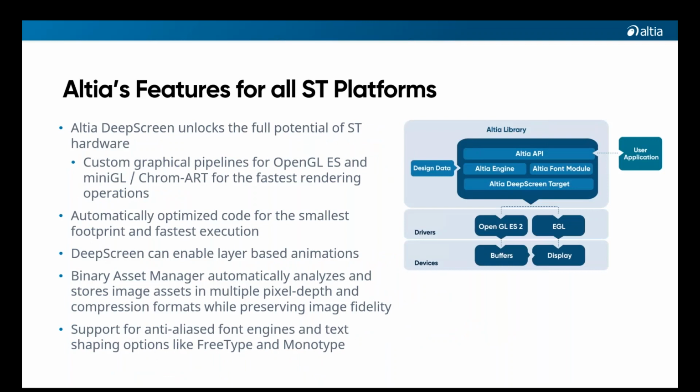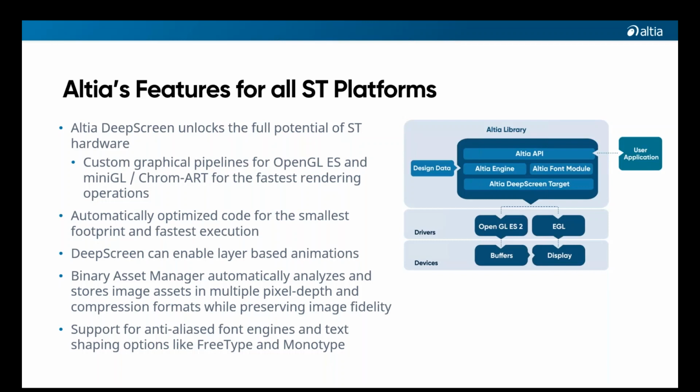For all of the platforms, Altia unlocks the full potential of the ST hardware. We have custom graphics pipelines for, of course, OpenGL ES and then the MiniGeo Chrom-ART. We have automatically optimized code for the smallest footprint and fastest execution, no matter what device you're running on.